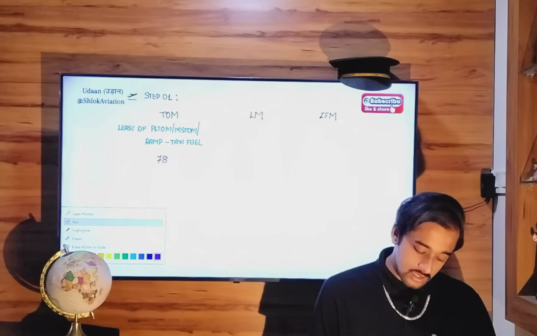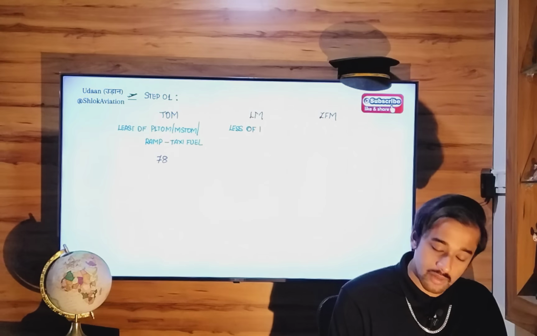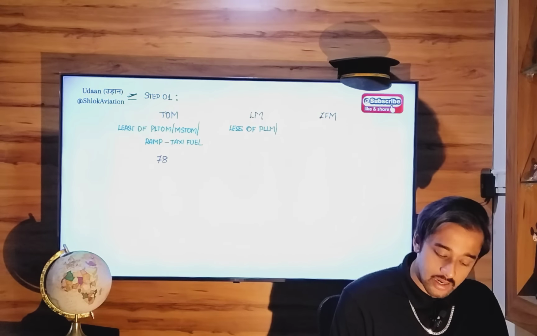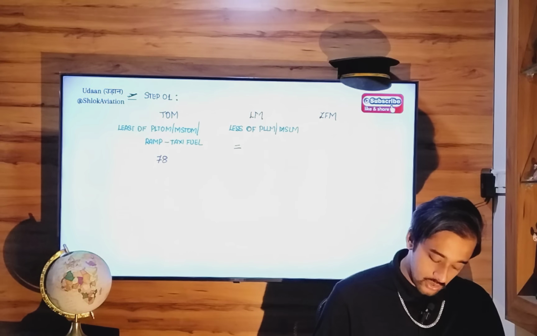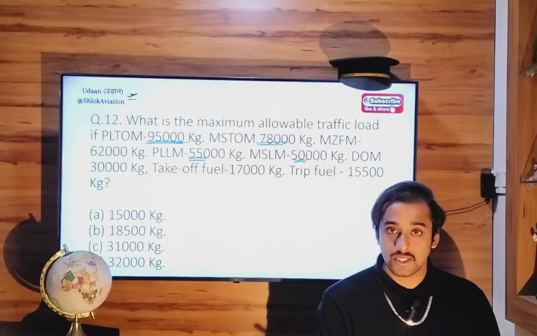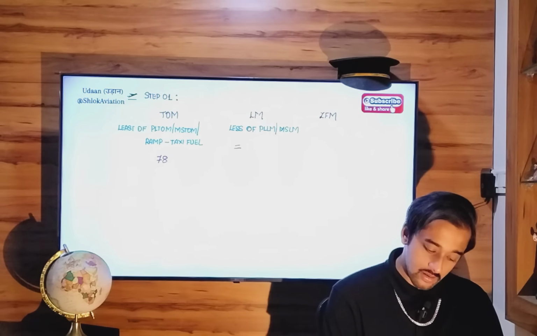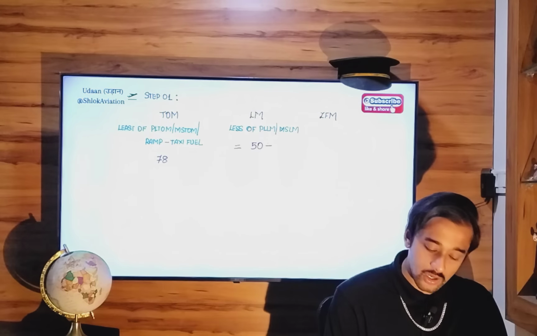So that value is going to be, let's write here, any value less in number of performance limited landing mass and maximum structural landing mass. So that will be equal to, in this case, 55 and 50. The value which is less in number is 50, 50,000, plus your trip fuel.